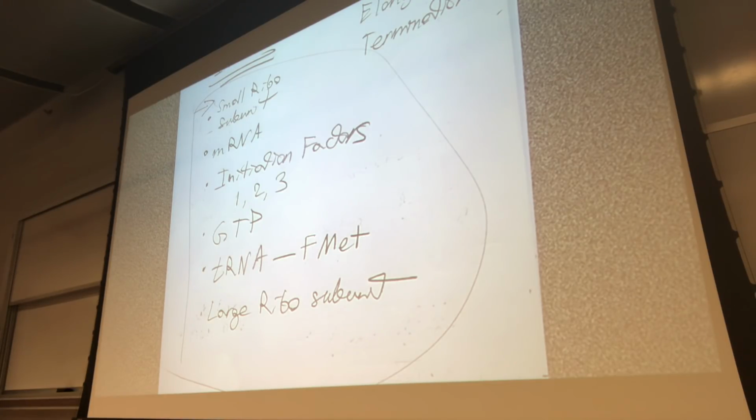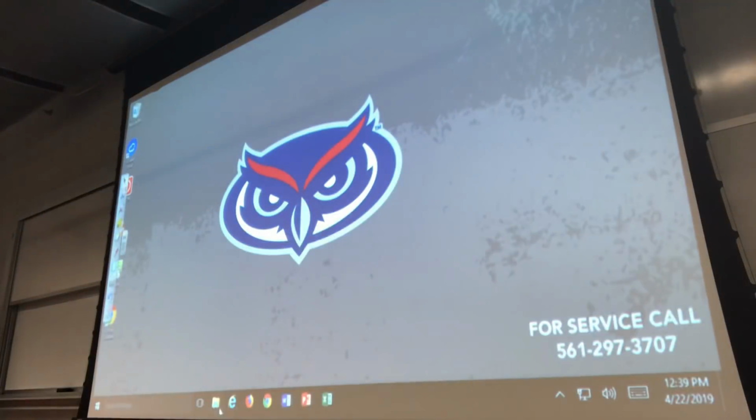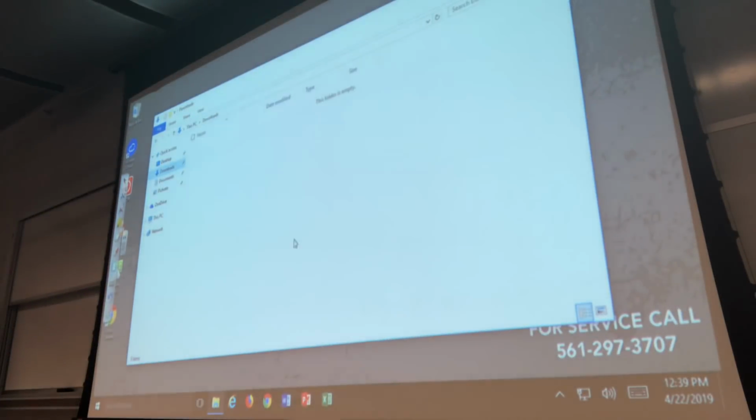I guess he hasn't gotten to the eukaryotic translation stuff yet, right? So I'll talk about some components of eukaryotic translation. Actually, let me pull up the slide that I'm talking about. Nope.